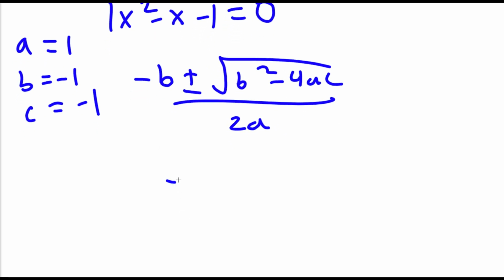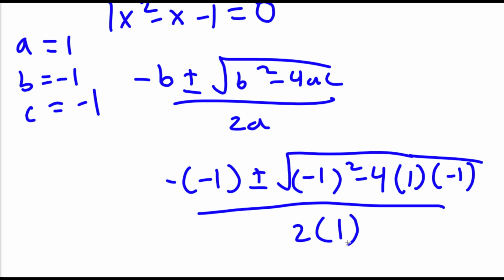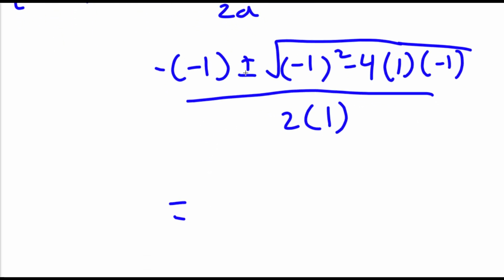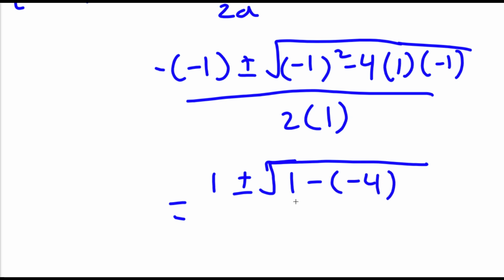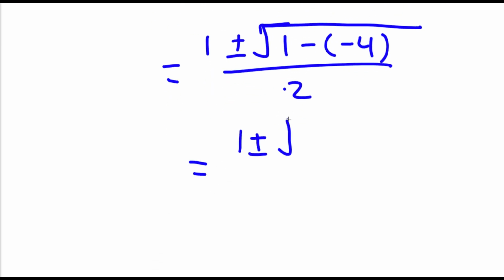So if I plug these values in, I get negative negative 1 plus or minus the square root of negative 1 squared minus 4 times 1 times negative 1, all divided by 2 times 1. Now this is equal to 1 plus or minus the square root of 1 minus 4 times 1 times negative 1, which is negative 4, all over 2 times 1, which is 2. This is equal to 1 plus or minus the square root of 1 minus negative 4, which is 1 plus 4, which is 5, over 2.